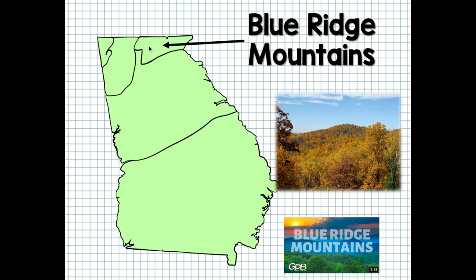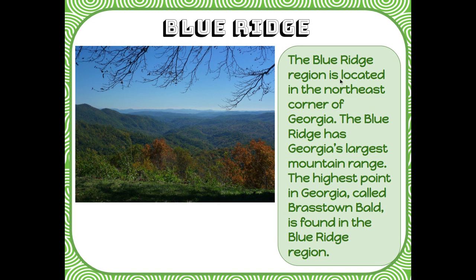All right, then we learned about the Blue Ridge Mountains, right up in the northeast corner. All right, we're in the mountains. It says it in the name. All right, this region is in the northeast corner of Georgia. It has the largest mountain range and also has the highest point in Georgia.